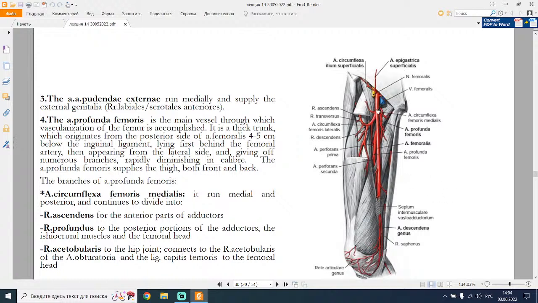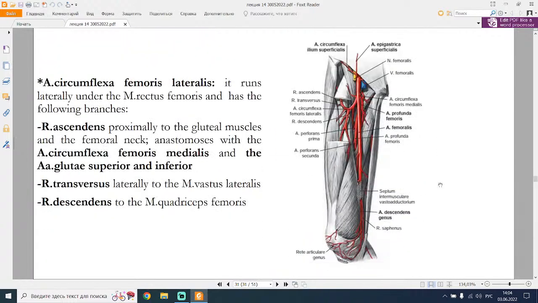What you see, arteria profunda femoris. Arteria circumflexa femoris lateralis.